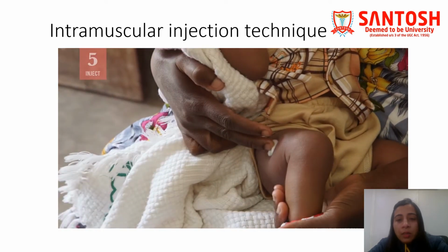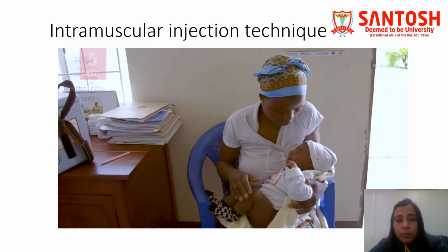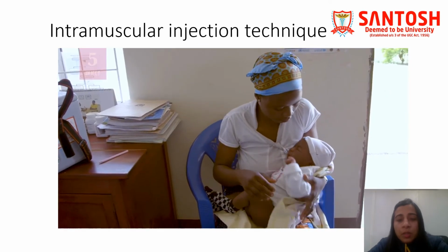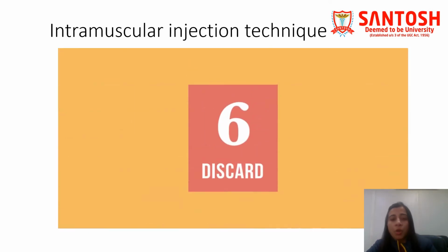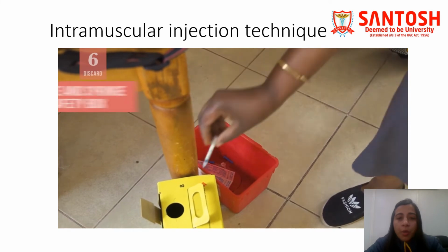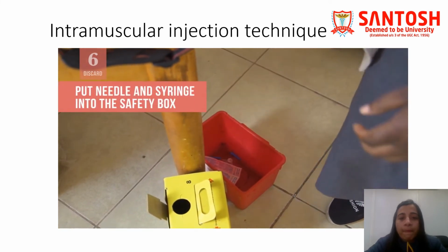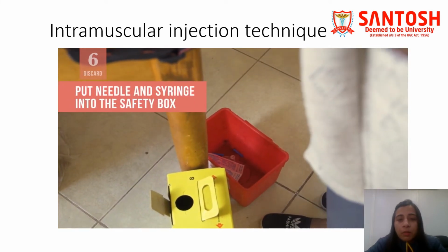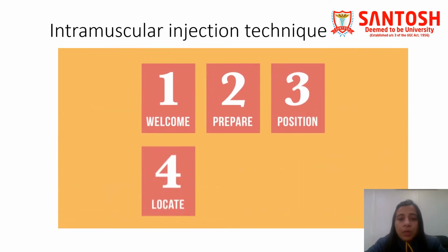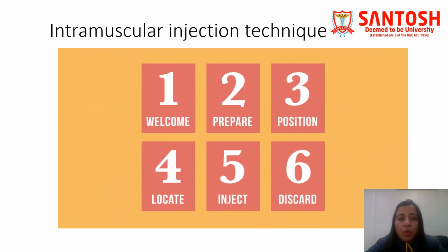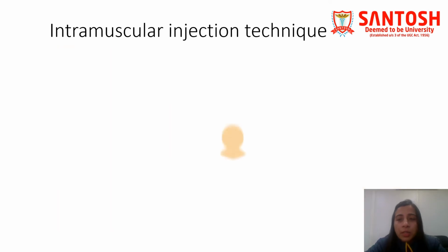Try not to rotate the needle. Then the site should not be rubbed and the needles should be discarded adequately. So these are the few steps that should be followed for proper injection technique.